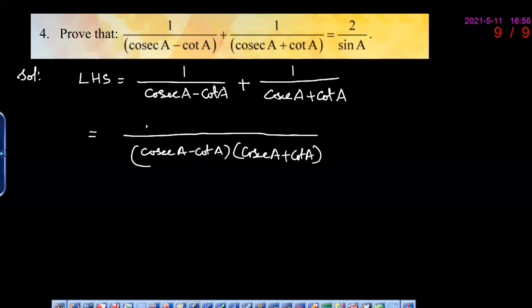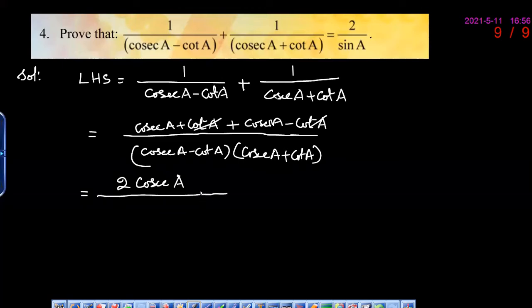When we take the LCM, we get in the numerator cosec A plus cot A plus, as it is plus, I am not putting a bracket, cosec A minus cot A. Cot A minus cot A is 0, and cosec A plus cosec A is 2 cosec A, divided by (cosec A minus cot A) into (cosec A plus cot A).